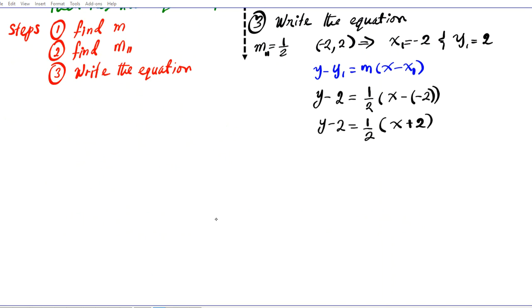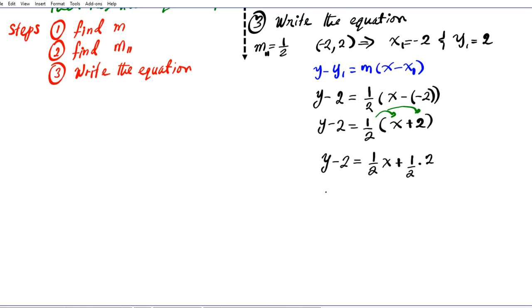Now the next step involves distributing the 1/2 to x and positive 2. So that gives us y minus 2 equals 1/2 x plus 1/2 times 2. What is 1/2 of 2? 1/2 of 2 is simply 1.